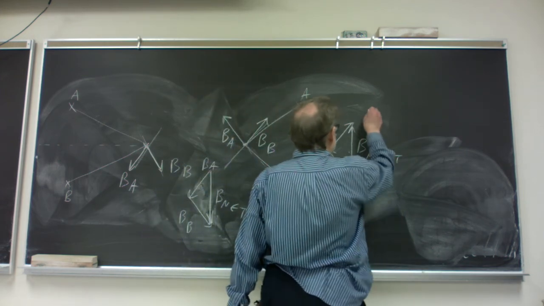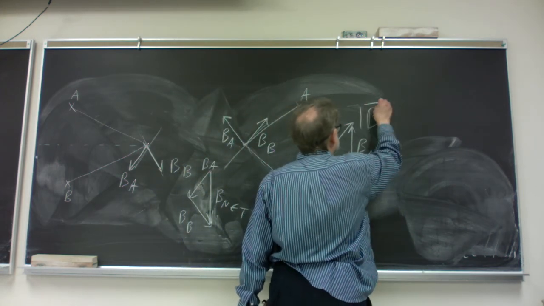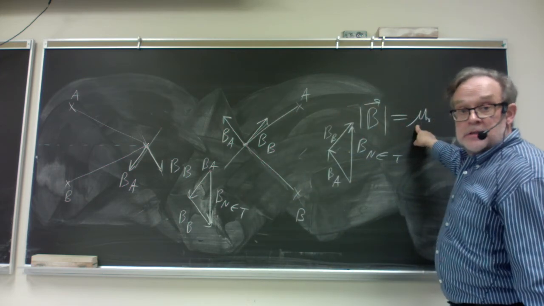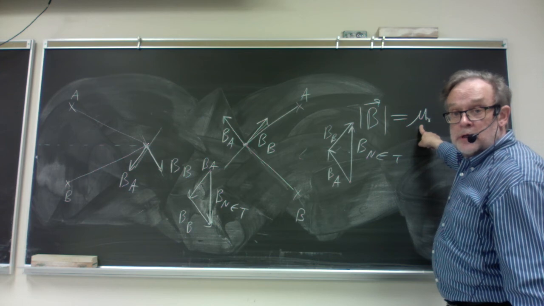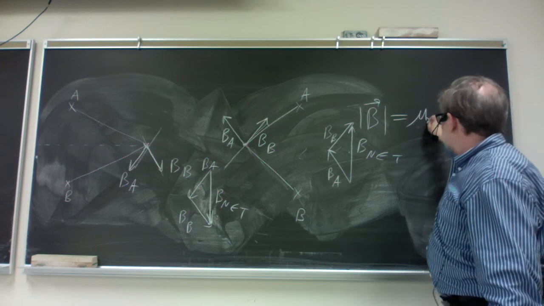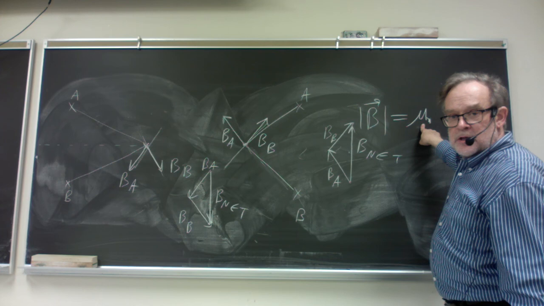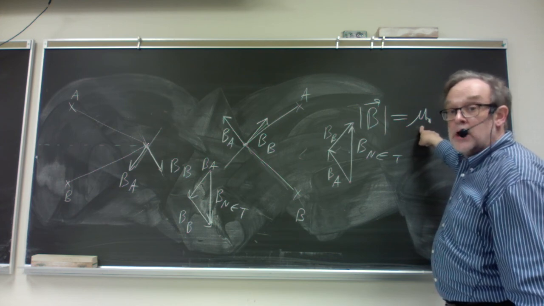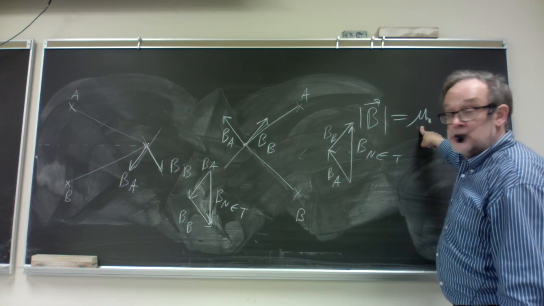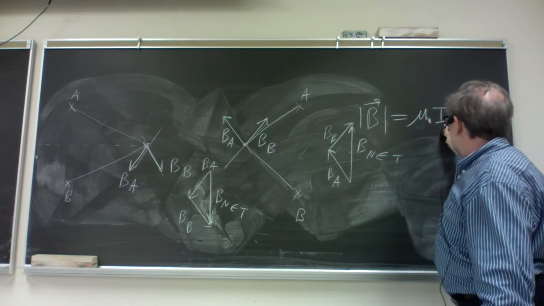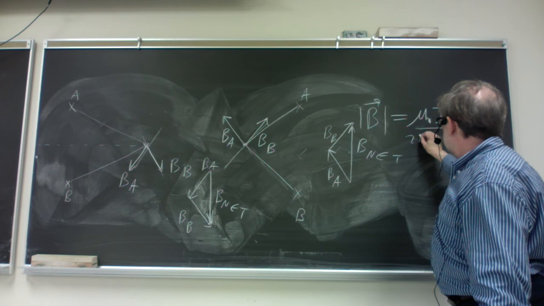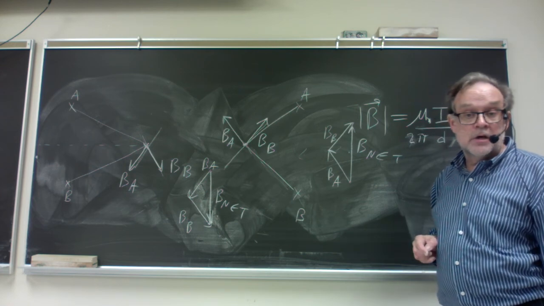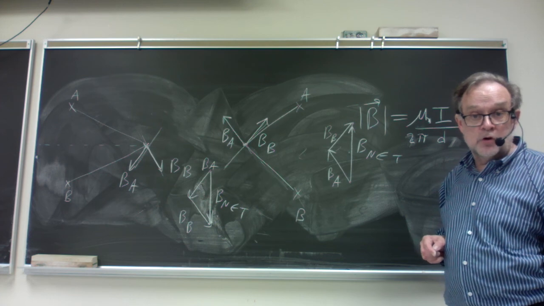And the magnitude of that field is this constant, lowercase Greek letter mu with a subscript 0. That's a famous number in electrodynamics. It's a number you can look up if you ever have to do a calculation, times the current divided by 2 pi and the distance away from the current.